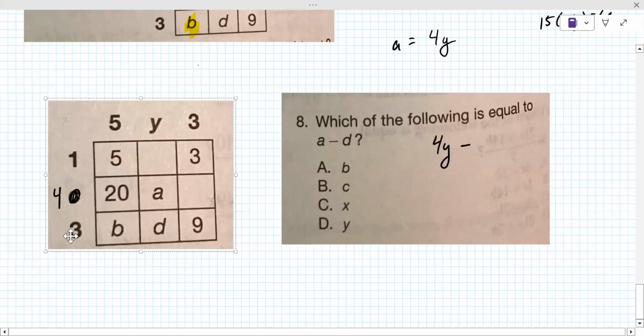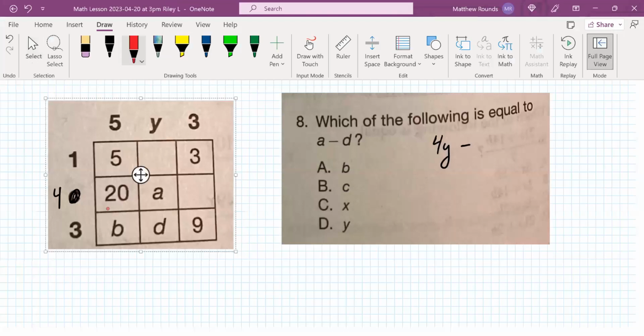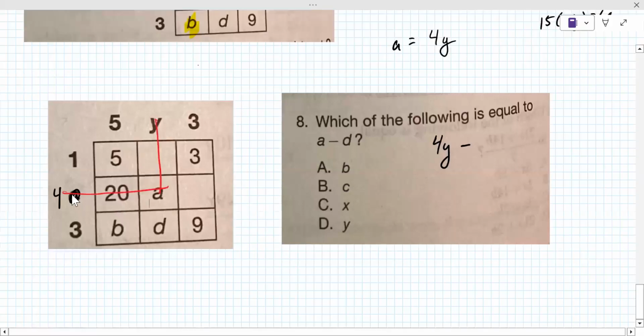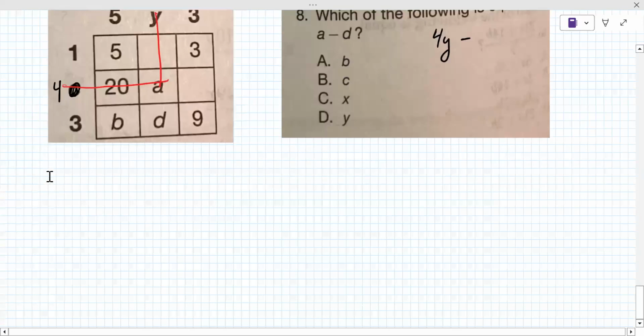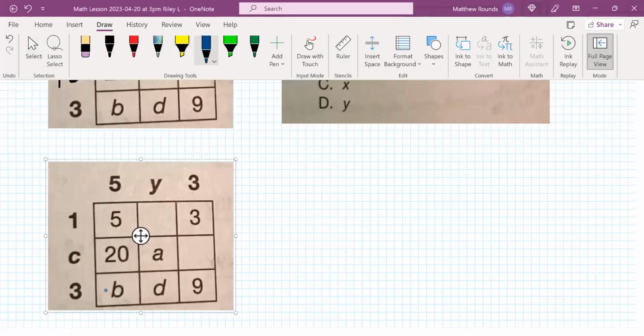What is this number here? 3 times Y. So what I'm trying to get you to see is that to get A, you cross these two, 4 times Y. And then similarly, to find D, you can cross these two.